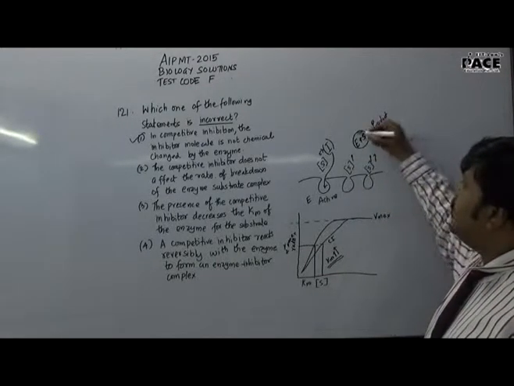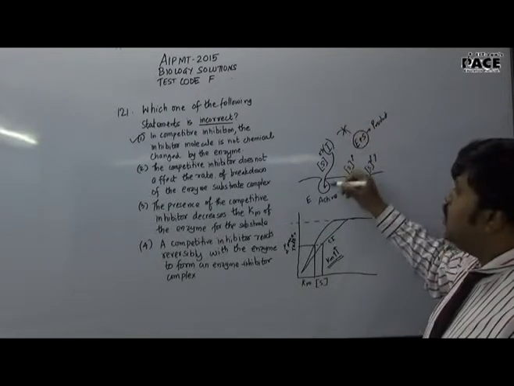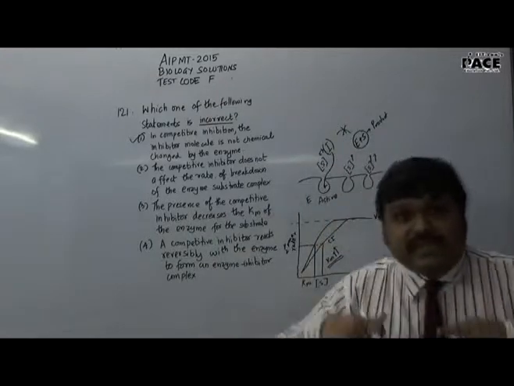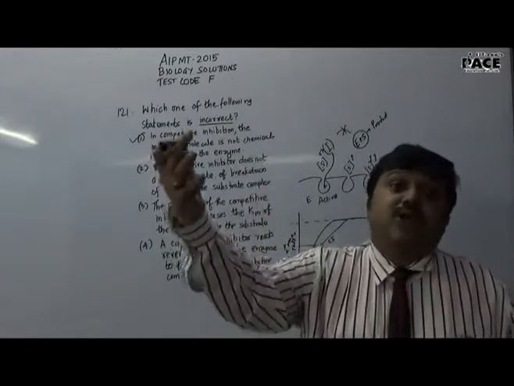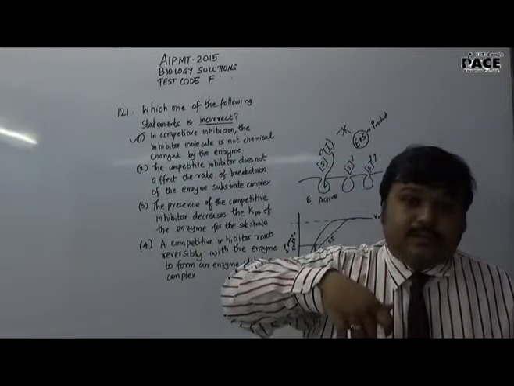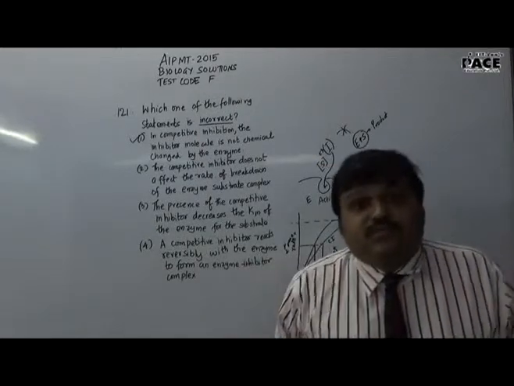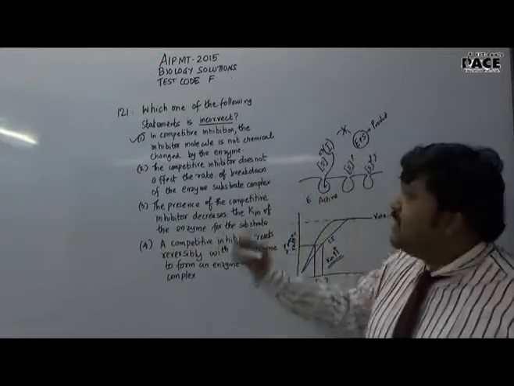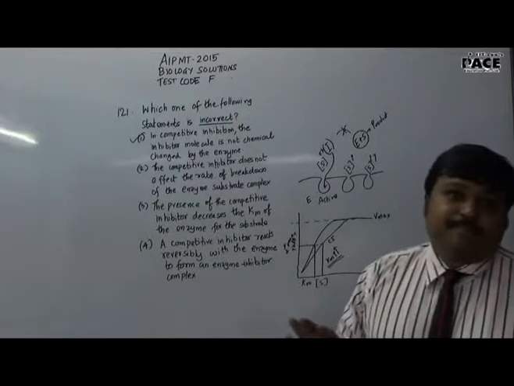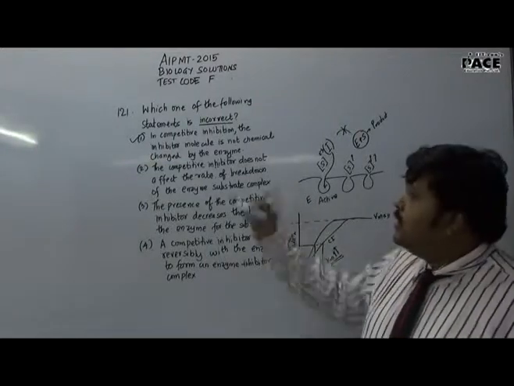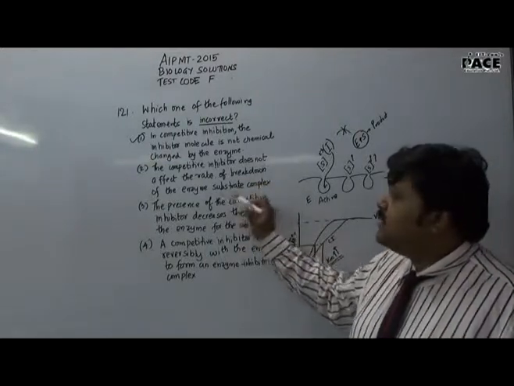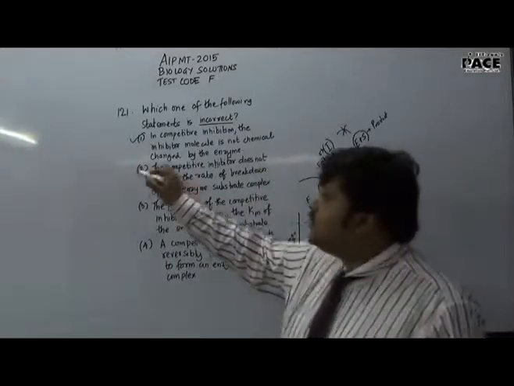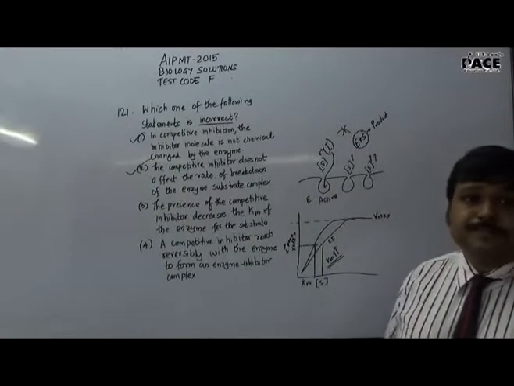Inhibitor does not interfere with this reaction. Inhibitor only gets attached to active sites. Means if the inhibitor is attached to the active site, the substrate will not be attached to the enzyme. But if some substrate has already attached to enzyme to form enzyme substrate complex, this inhibitor cannot affect them. So does it affect the rate of breakdown of enzyme substrate complex? Competitive inhibitor does not. So this statement is also a correct statement.